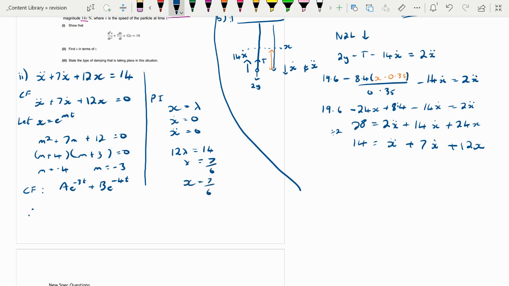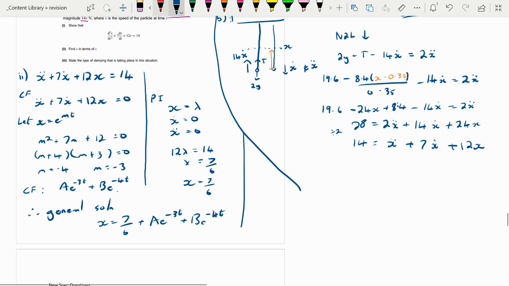So therefore, general solution is going to be x equals 7 over 6 plus a e to the minus 3t plus b e to the minus 4t. Now lots of people would naturally stop there. However, I need to find a and b.